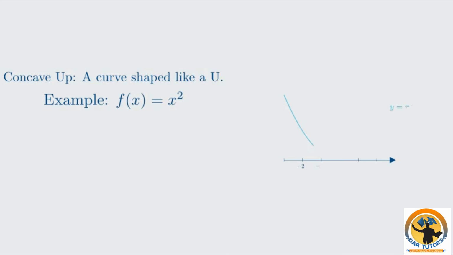Conversely, a curve is concave up on an interval if its shape resembles a U. Here, as you move from left to right, the gradient of the tangent line is continuously increasing. For the function f of x equals x squared, the gradient starts negative, becomes 0, and then becomes positive. The gradient is always increasing.